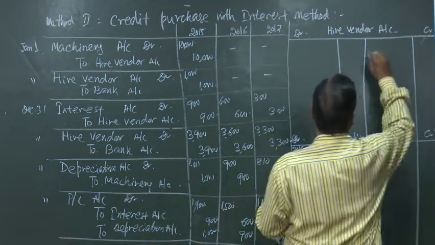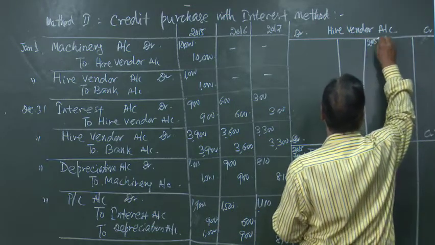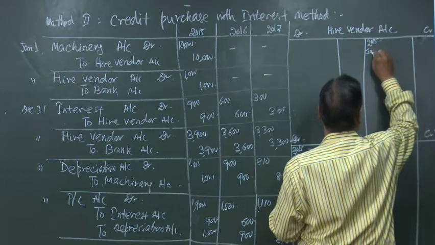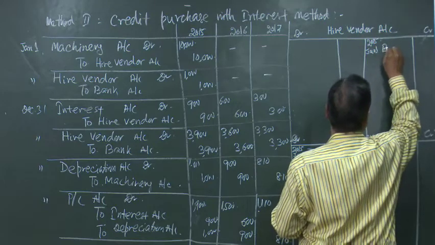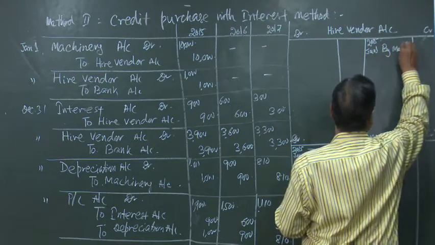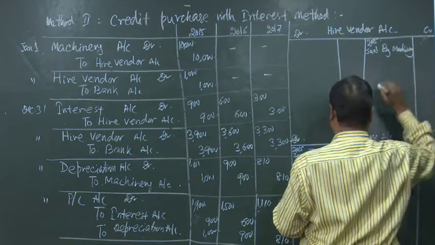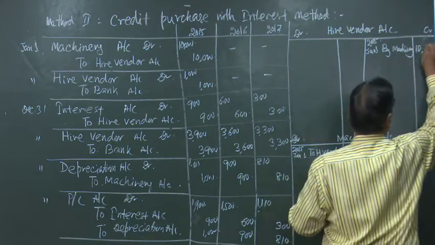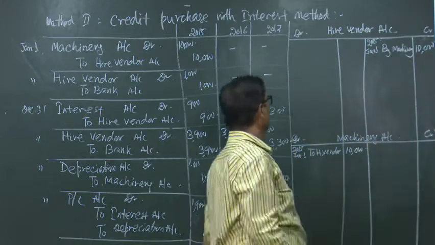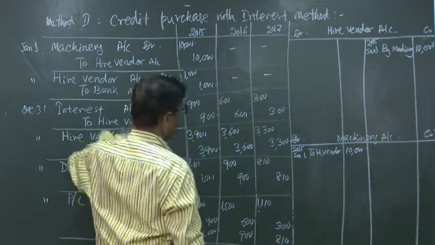So, here we can write 2015 January 1st by machinery 10,000. So, this is the posting of the first entry.